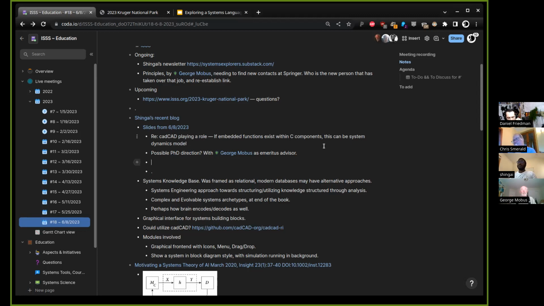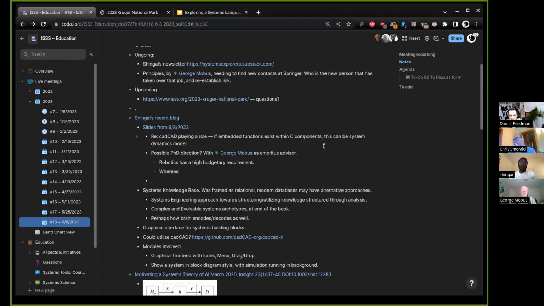Whereas this project is much more intellectual. It doesn't require any great hardware above standard computing. So it's not the kind of thing that would be very, very costly.